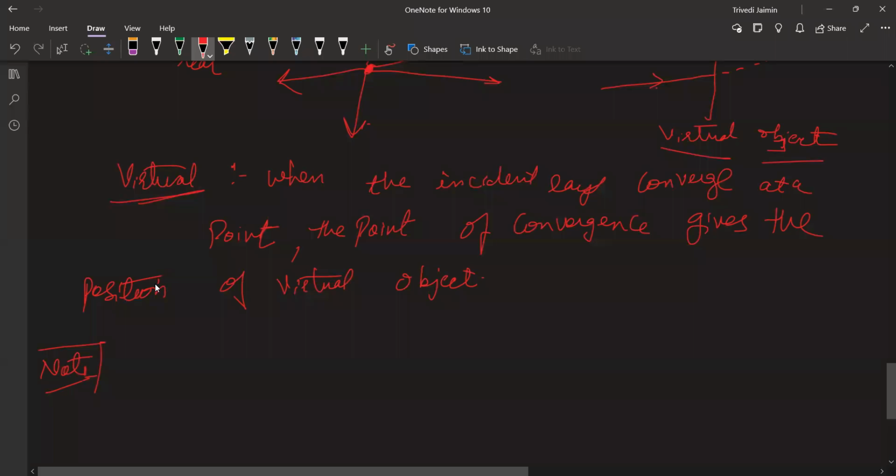So let's write a point for that. Note, a virtual object cannot be seen by humans.